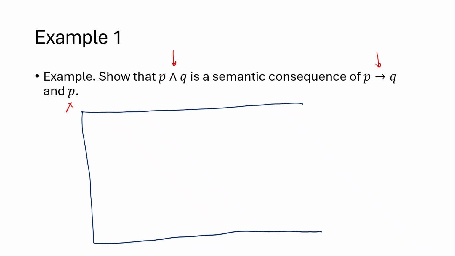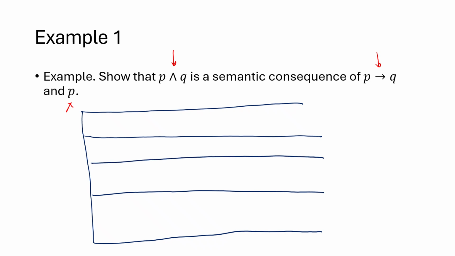Now, the first step, if you remember from our previous videos, is to decide how many rows I need. If you look at these formulas, we have only two variables, P and Q, which means that there are 4 possible scenarios, which means my truth table needs 4 rows. The top row is for the name of the formulas, but other than that, we need 4 more rows.